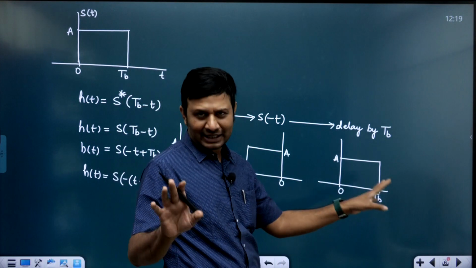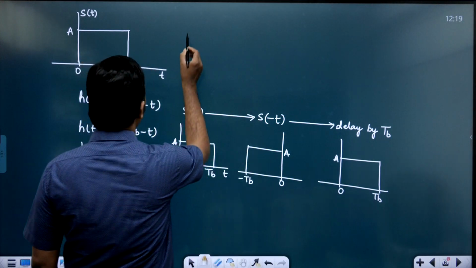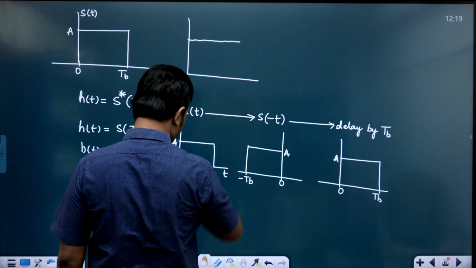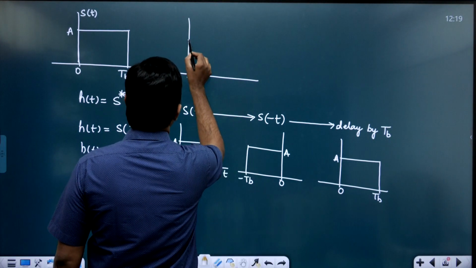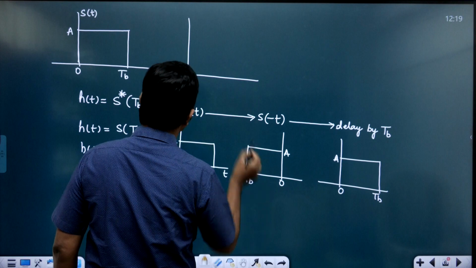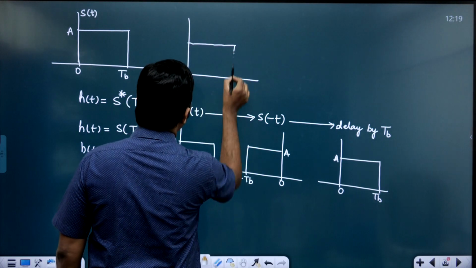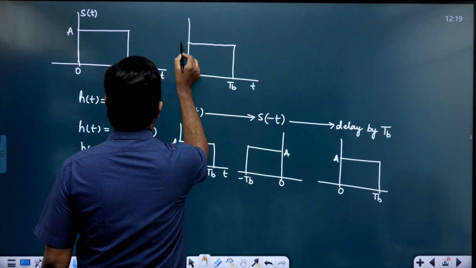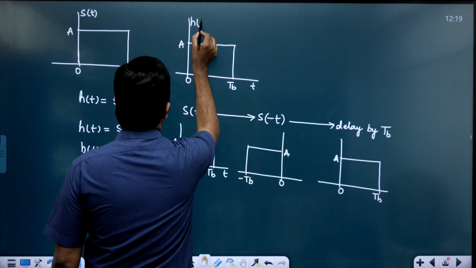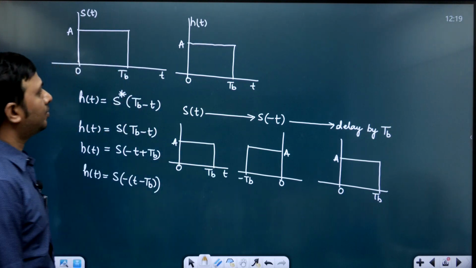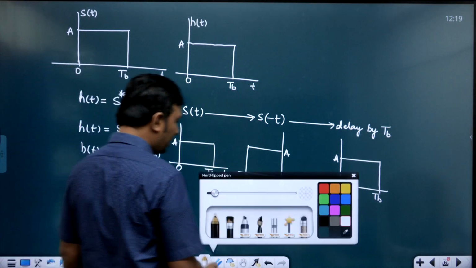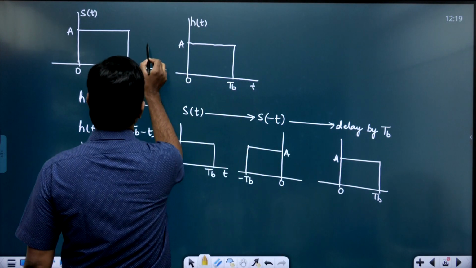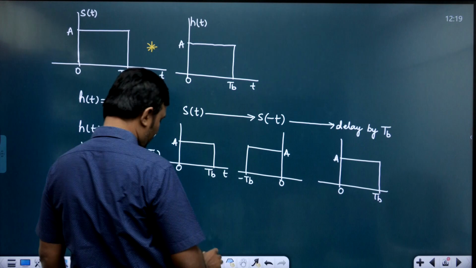In this case, input and impulse response are the same. And we know that if you know the input and impulse response, we can find out the output using convolution. Now perform the convolution for these two.